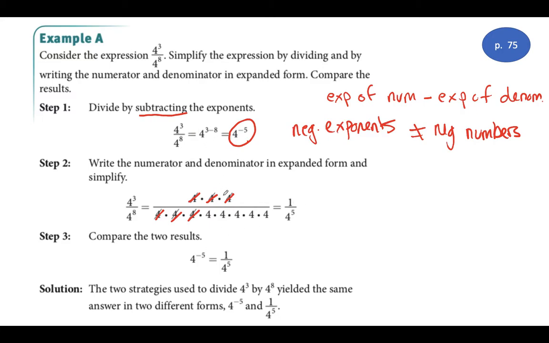So, since we got the math doing the same thing, 4 to the negative 5th power has to be the same thing as 1 over 4 to the 5th power. So these are the same thing. And when we are simplifying exponential expressions, this is the one I want. I do not want this guy.